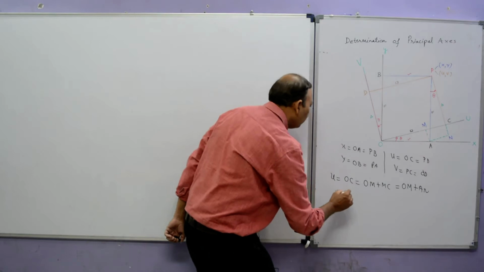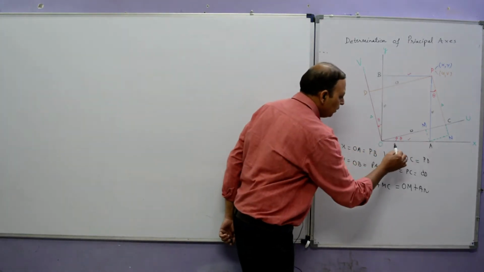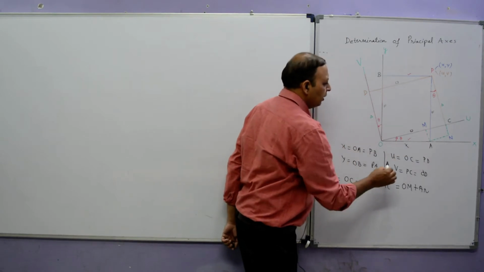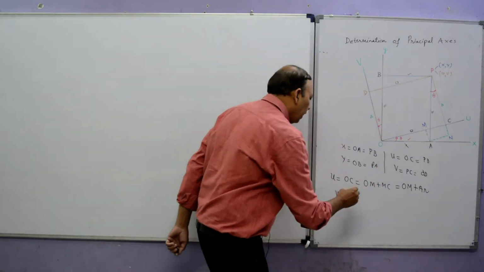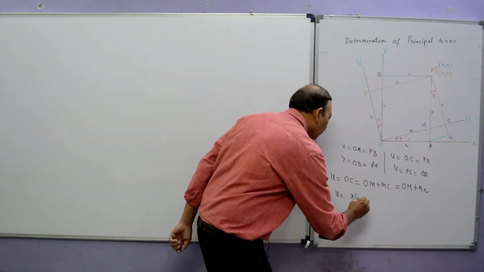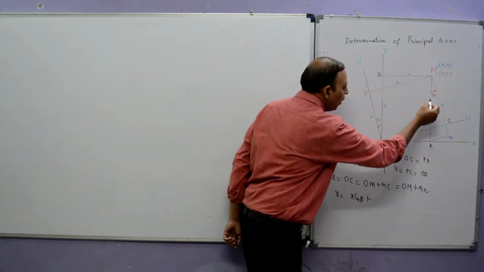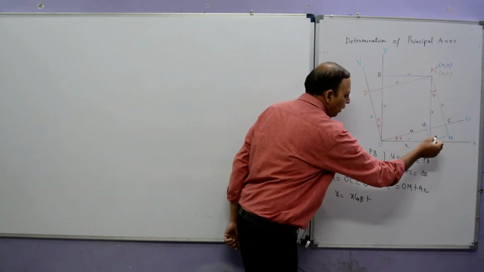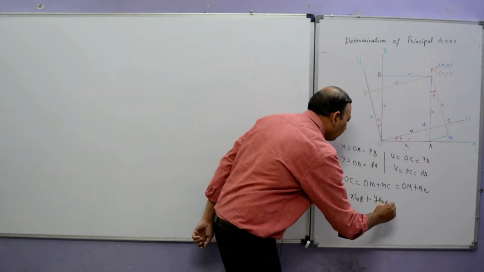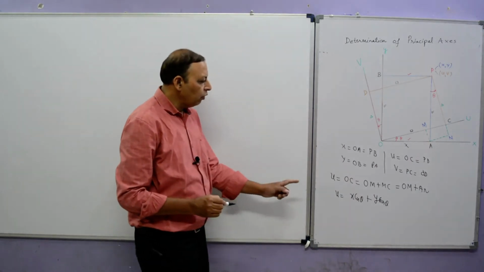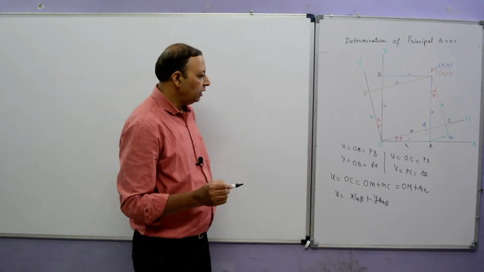Now OM in terms of x will be x cos theta, and AN in terms of y is y sin theta. So we get the value of u equal to x cos theta plus y sin theta.